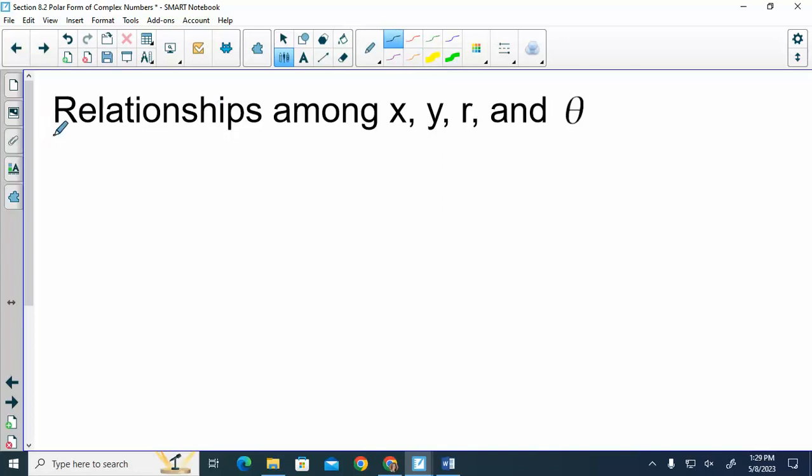We know that in our trig functions, let's go back to x, y, and r. Remember the very first thing we talked about was that x squared plus y squared equals r squared.